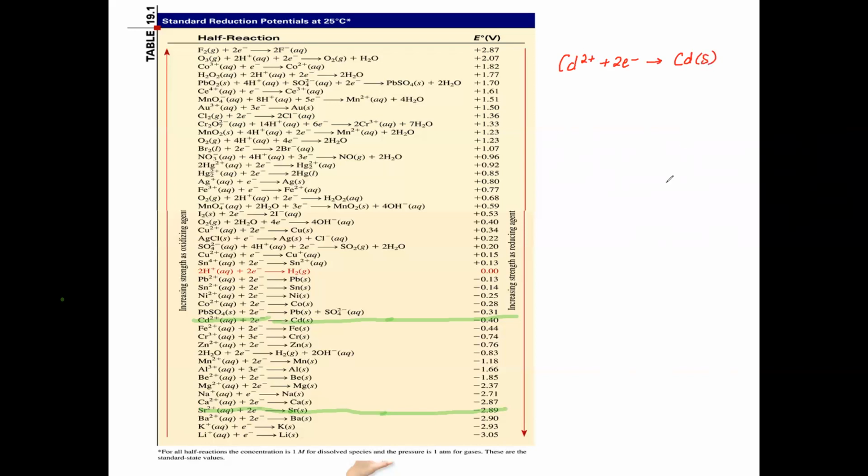This is one reaction. And then if this is cathode, then anode is this one. Anode means oxidation. Oxidation means reverse reaction. Reverse means strontium solid is giving you strontium 2 plus.